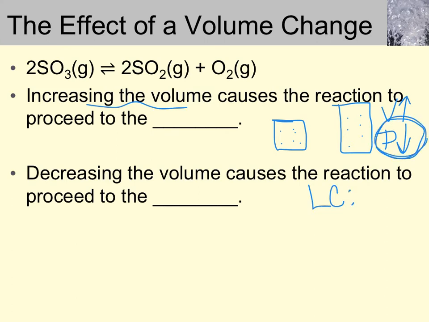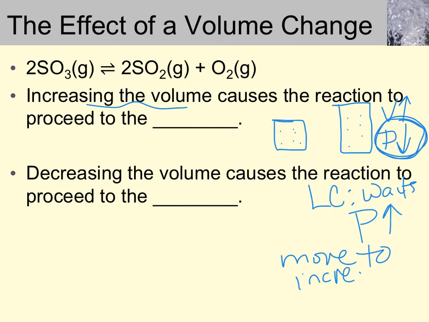He wants to do the reverse. So Le Chatelier wants the pressure to go up. How do you make pressure go up in a chemical reaction? You move to the side that increases pressure, and that is the side with more gas molecules.